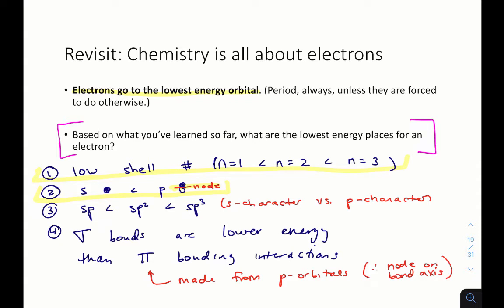Related to this phenomenon, for hybrid orbitals, sp orbitals are lower energy than sp2, which are lower energy than sp3. More s character means lower energy. And finally, sigma bonds are lower energy than pi bonding interactions. Pi bonding interactions are made from p orbitals, which again have a node on the internuclear axis.